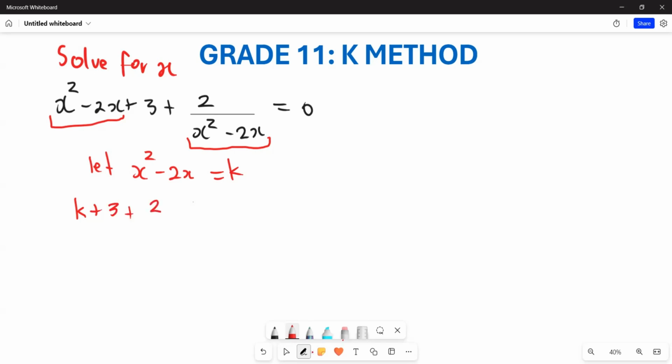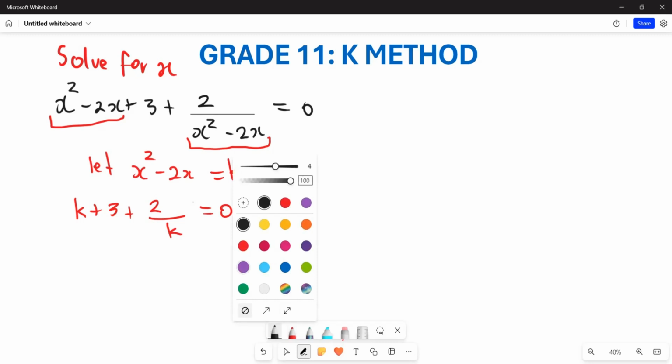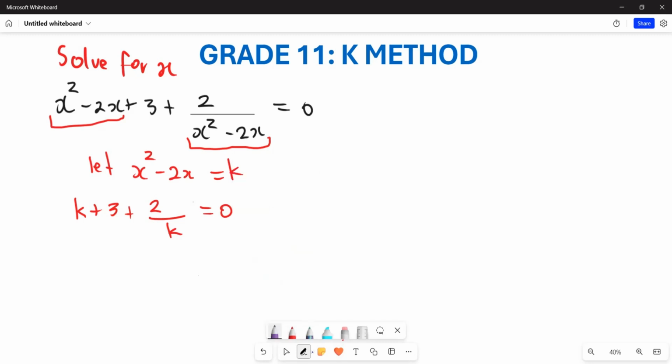And remember, in the other example, we said if you want to get rid of the denominator k, just multiply by k everywhere, right? So in this entire expression, you're going to multiply by k.